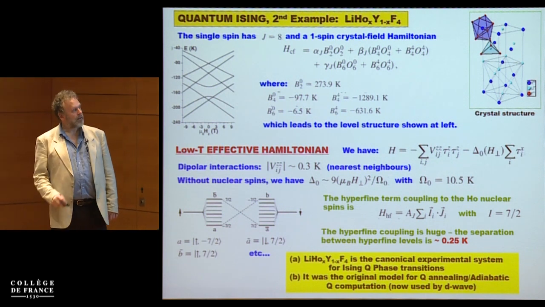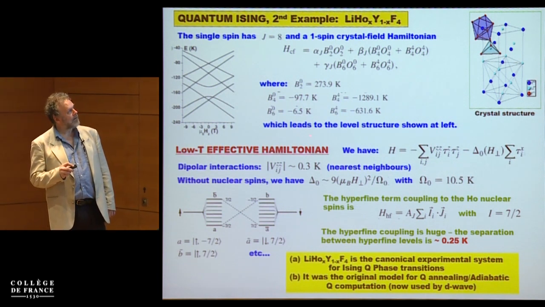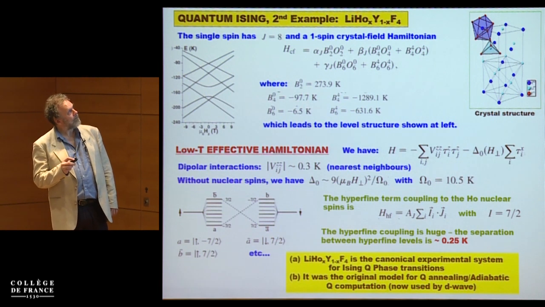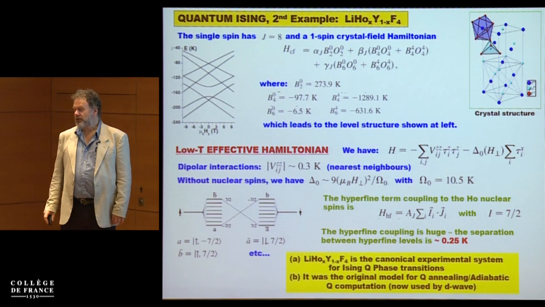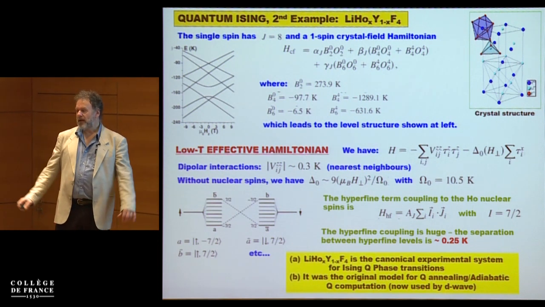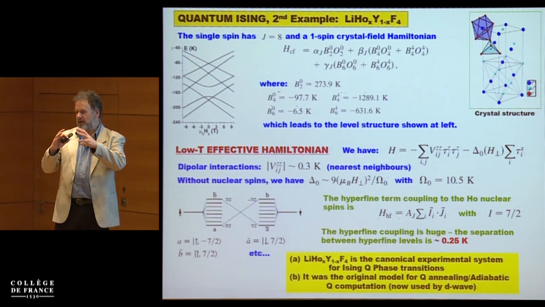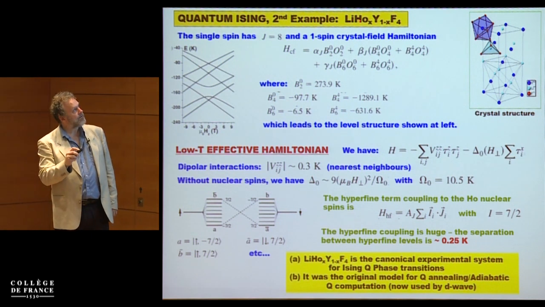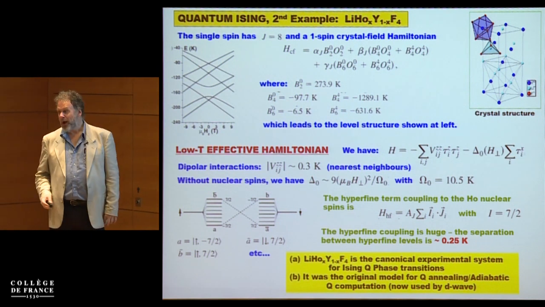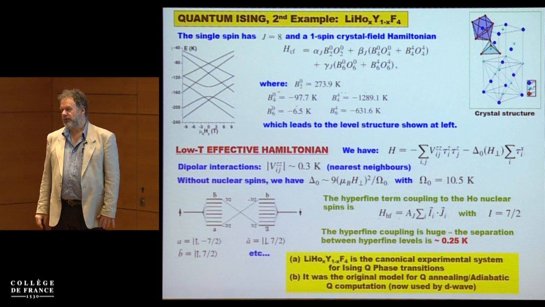And in fact, one of the nice things about this system is that I've written it here as holmium x, yttrium 1 minus x. The yttrium has no spin, but its ionic volume is almost identical with the holmium, so they can simply substitute without changing the lattice structure. And so experiments vary the concentration of the holmium from 1 to 10 to the minus 5.